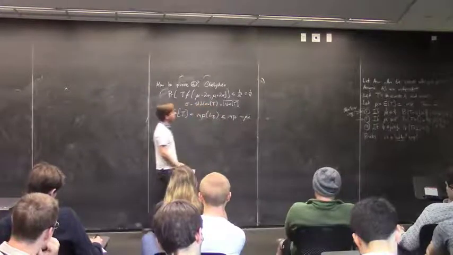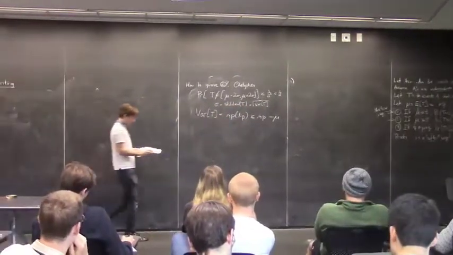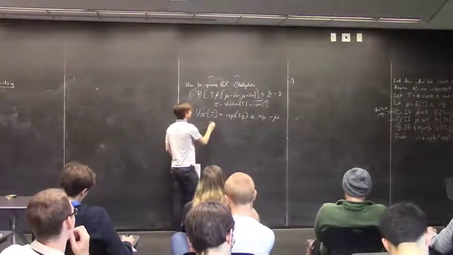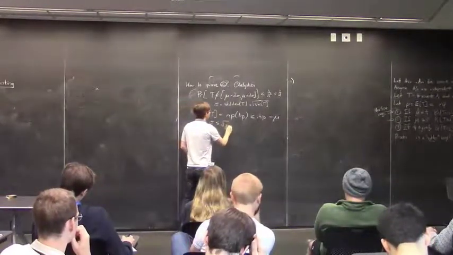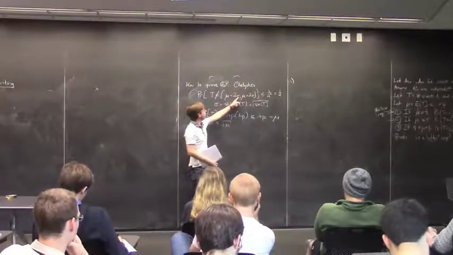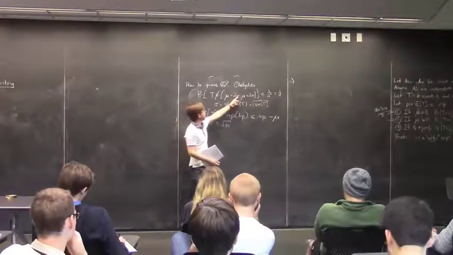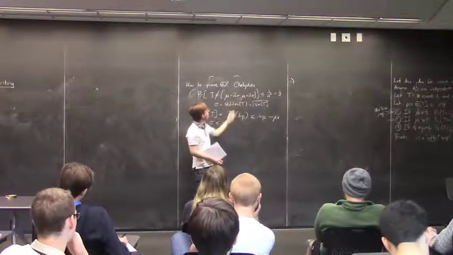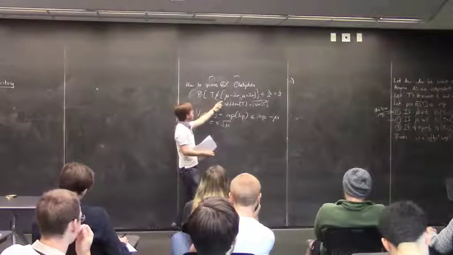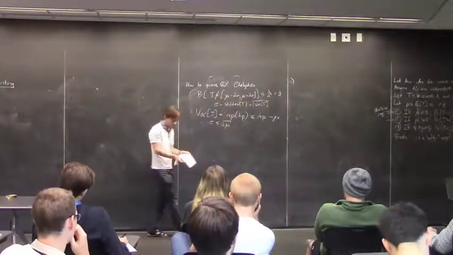So binomial random variables have the property that their variance is at most their mean, which means that their standard deviation is at most the square root of the mean. Now up here it'll still be true if I replace this with something bigger, like root mu. This is saying that the probability that t is outside the range mu plus or minus 2 root mu is at most 1/4.